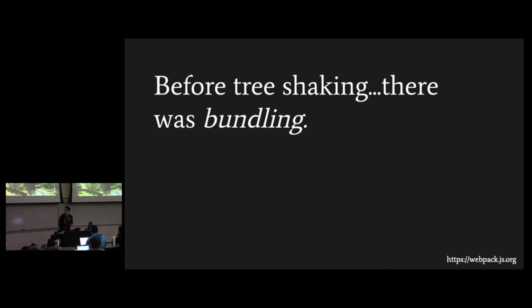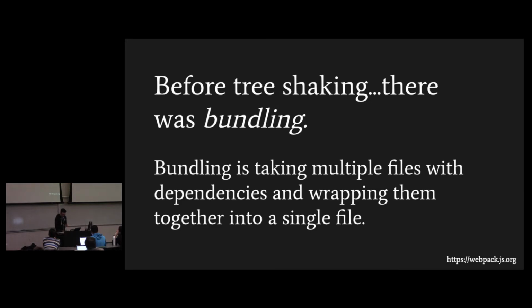But before we talk about tree shaking, we have to talk about bundling. Bundling's current leader is Webpack, but it was invented by an older framework called Rollup. What bundling does is it takes the data that you have in many different files across your repository, typically just JavaScript, but you can also do things like bundle your CSS, bundle your images, things like that, and it puts them all together into a single file.